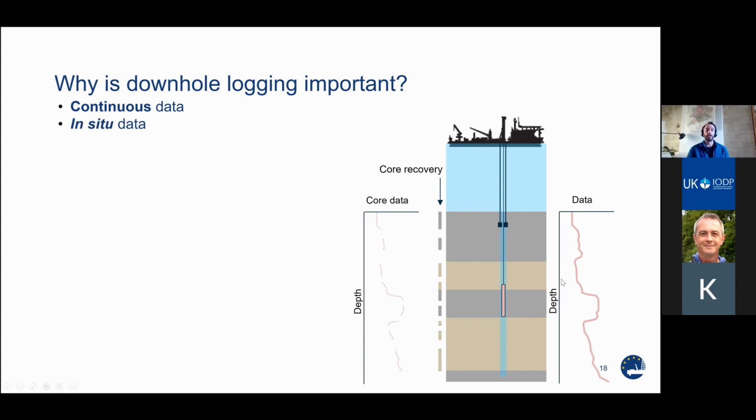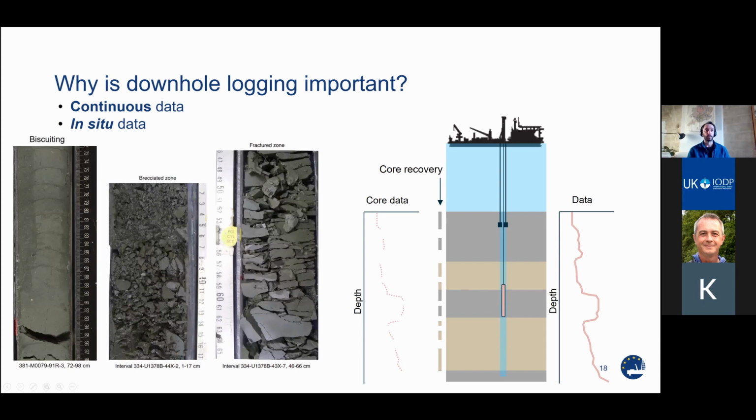And also it's in situ data. So even if the core recovery is good, maybe the core quality is not always the best. So for example, on the left picture here, you have biscuiting. So you have like this backbone structure because the formation has been broken into small bits, and on the side it's been completely washed and redeposited within the core.